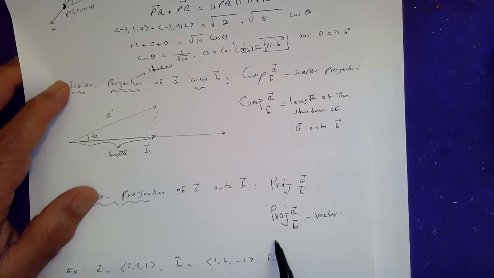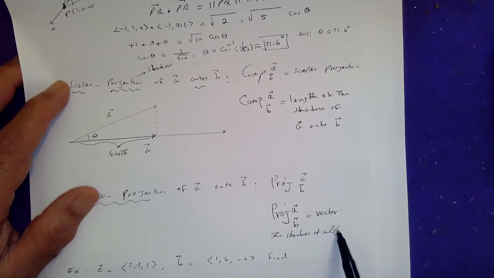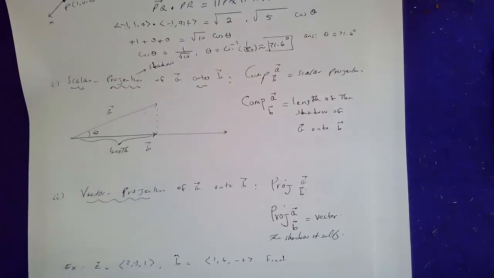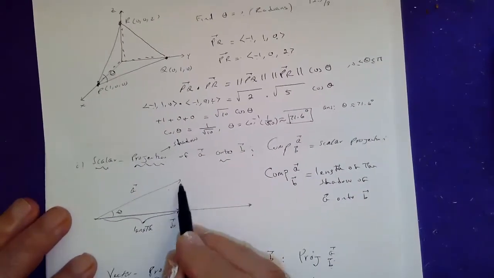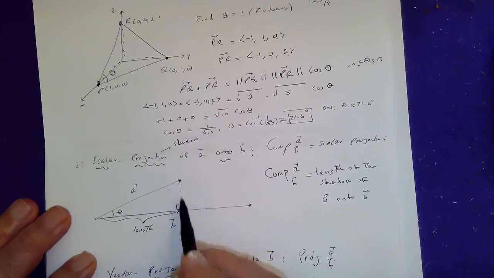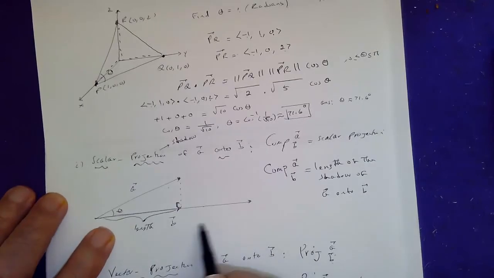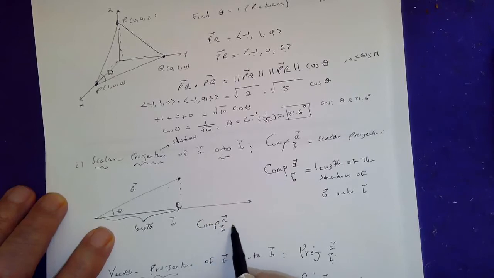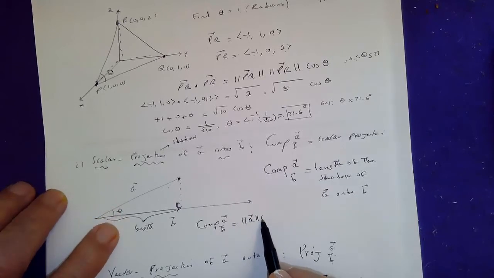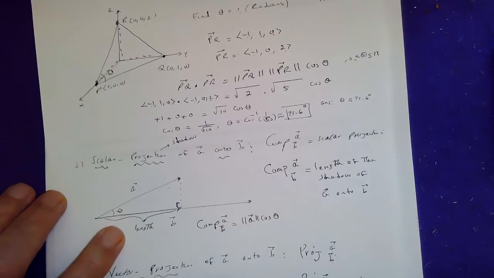So it means the shadow itself, so it's about direction, correct? So how do you do this? Okay, if you drop a perpendicular line from A onto B, so this is at 90 degrees, the length here is equal to what? The length, which is the scalar projection of A onto B, is equal to the magnitude of A, which is the hypotenuse, times the cosine of the adjacent angle, correct?